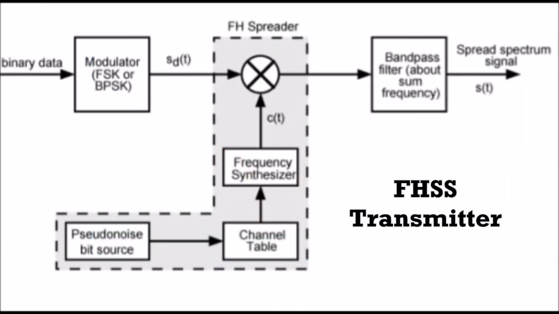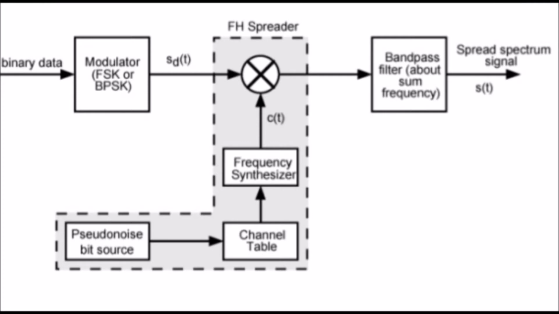This is a figure of an FHSS transmitter. For transmission, binary data are fed into a modulator using some digital to analog encoding scheme, such as frequency shift keying (FSK) or binary phase shift keying (BPSK). The resulting signal is centered on some base frequency.